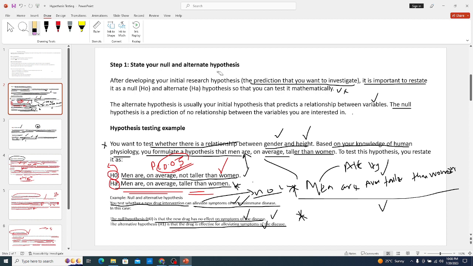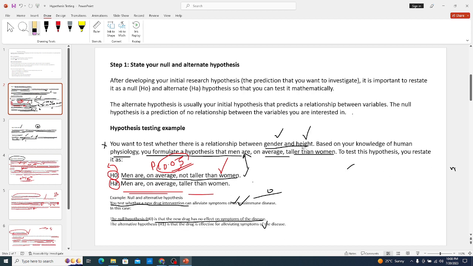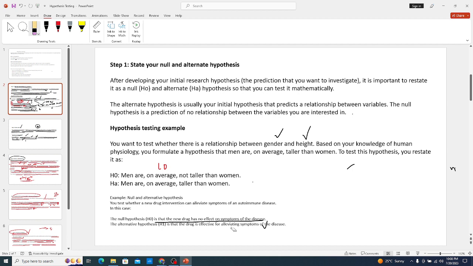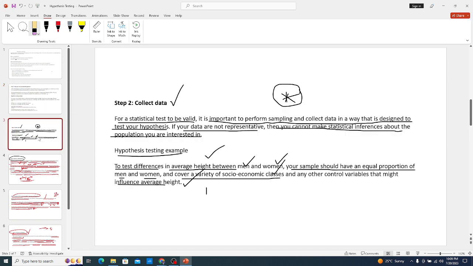Then go through the standard way of doing hypothesis testing. Then after that, you do your conclusion.